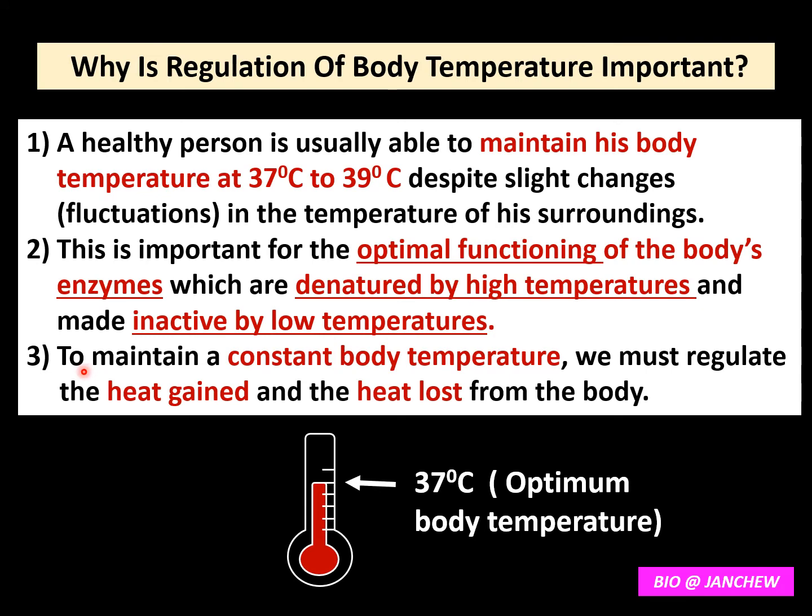So we need to maintain a constant body temperature so that we can allow the enzymes to function at the optimum temperature, which is 37 degrees Celsius. To do that, we must regulate the heat gained by the body and the heat lost from the body.